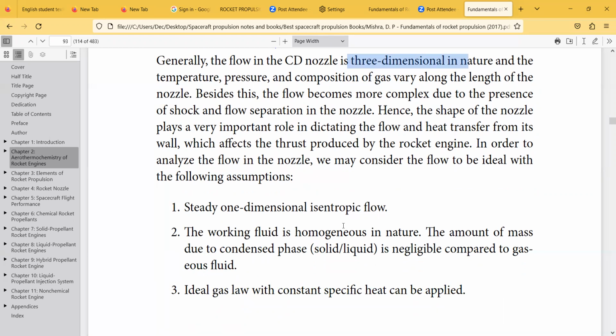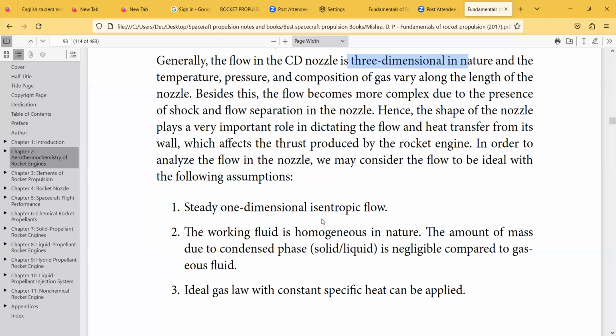The gas particles generated from the ignition phenomena are considered homogeneous. And the amount of mass in the condensed phase, that means liquid or solid, is negligible. We don't consider that phase change.